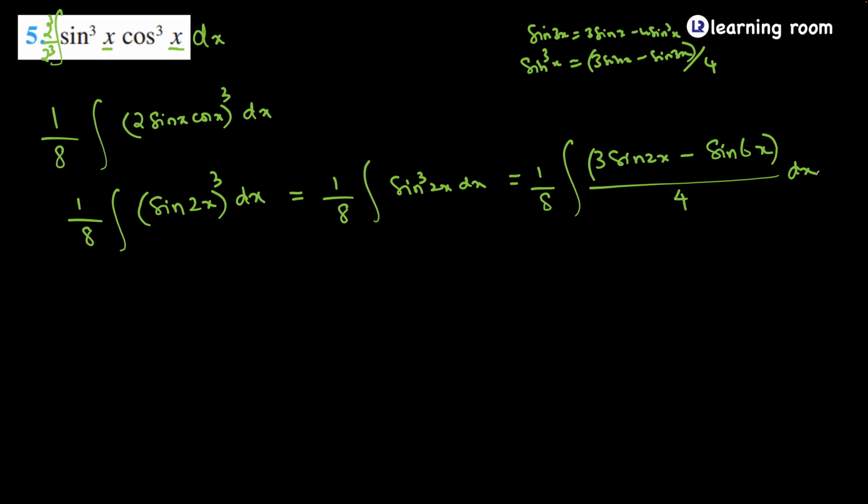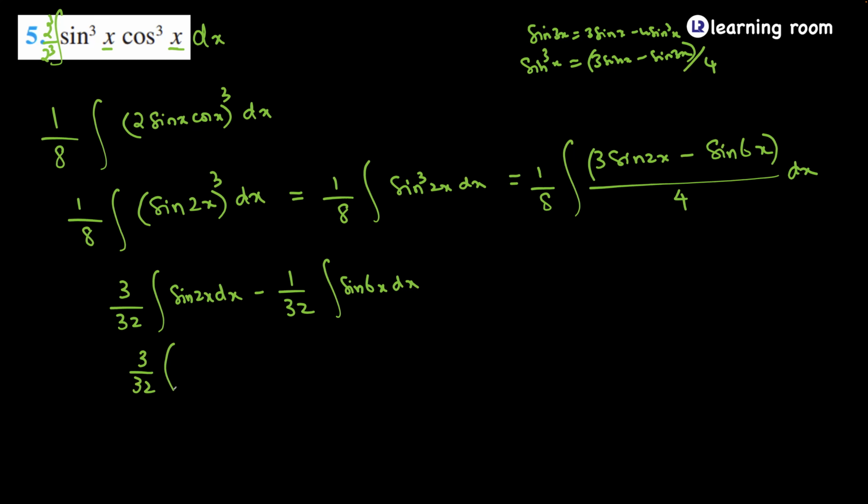Okay. So it is going to be 3 by 32 times integral of sin 2x dx minus 1 by 32 times integral of sin 6x dx. Is the point clear? Right. So here, 3 by 32 times, what is going to be the value?